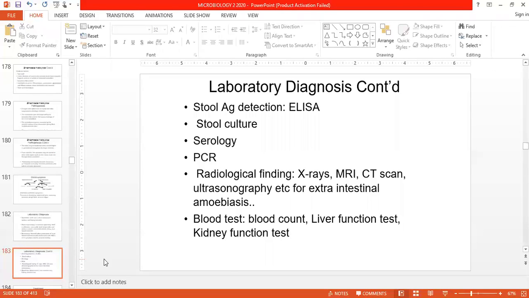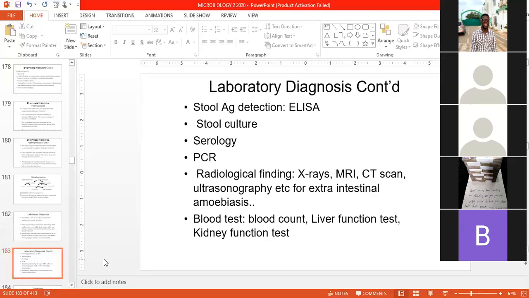Now, it is a parasite. So in a parasitic infection, what type of white cell do we see in larger amounts? In bacteria, you see neutrophils. In parasites, you see what? Is it eosinophils?